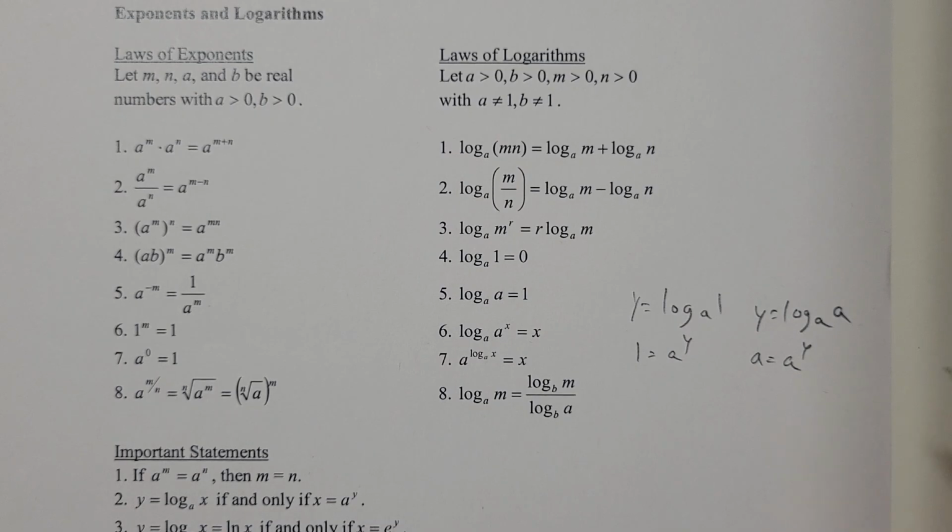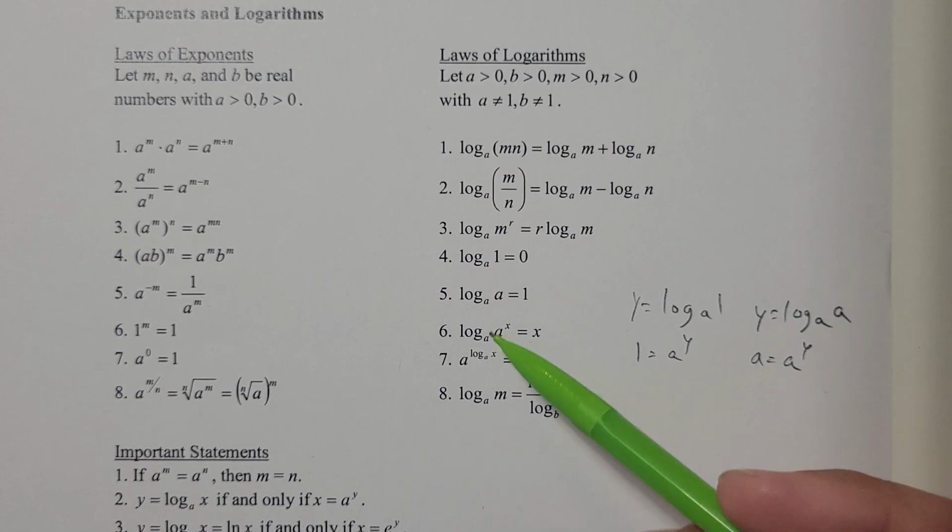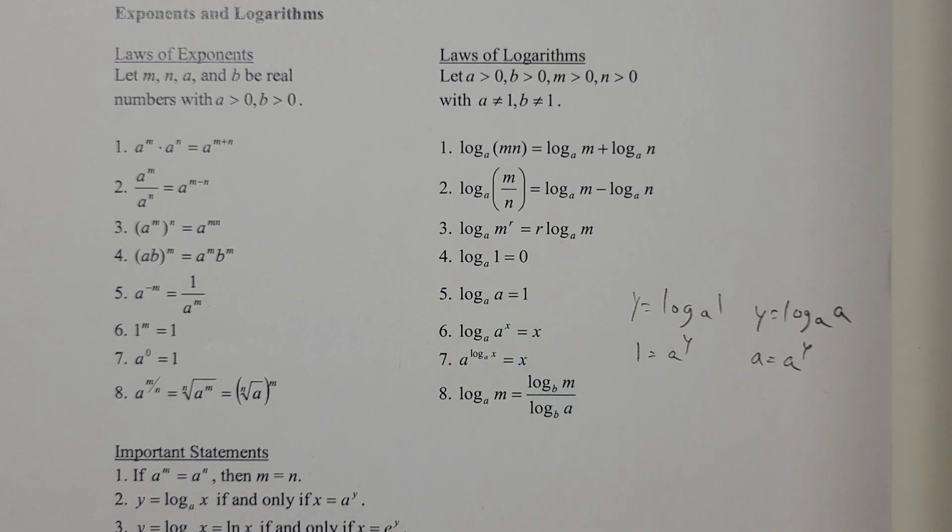Okay, and I have the equation a equals a to the y. What is the only possible value for y to make this statement true? y has to be 1, right? I know if y is any other number, I'm not going to have a true statement. Okay. So log base a of a is always 1.